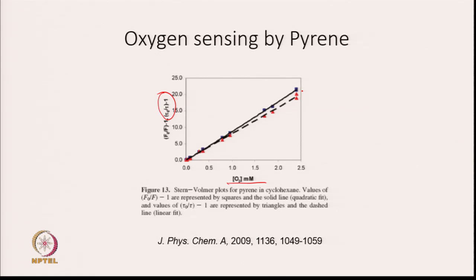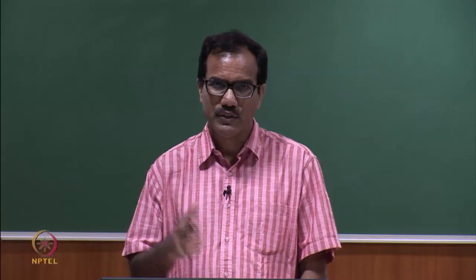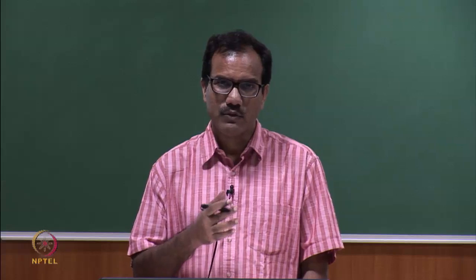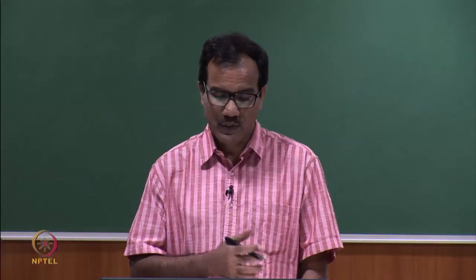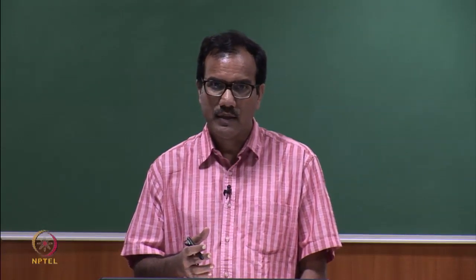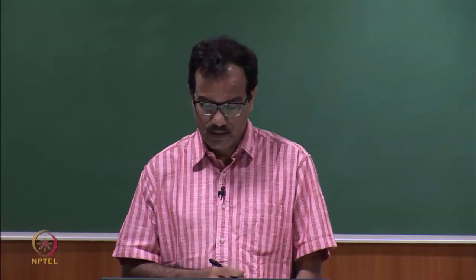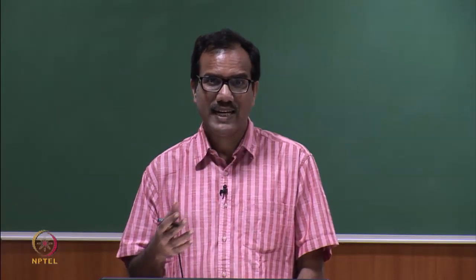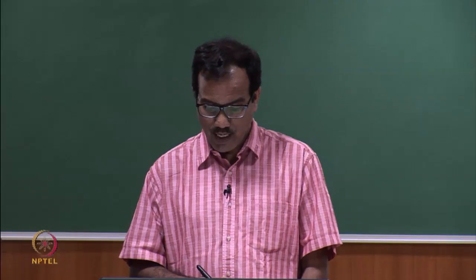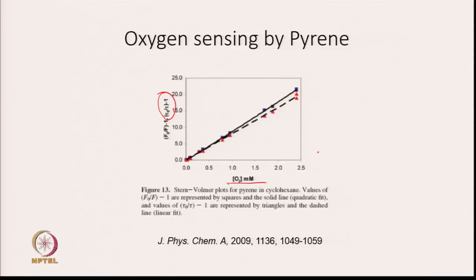So, again here you are looking at the quenching of fluorescence of pyrene by oxygen. Oxygen is acting as a quencher, and the Stern-Volmer plot is given here, and that can give you the value of KSV.